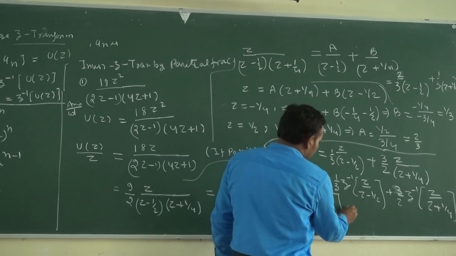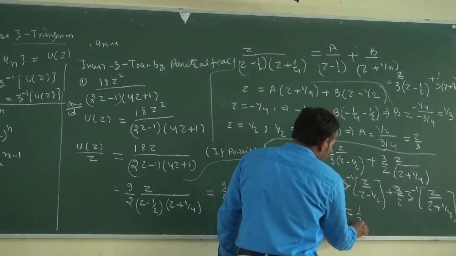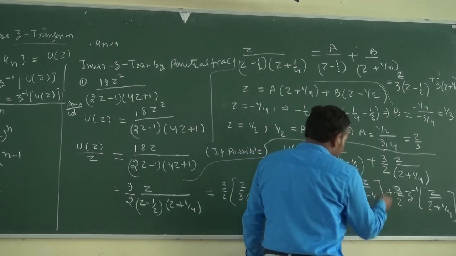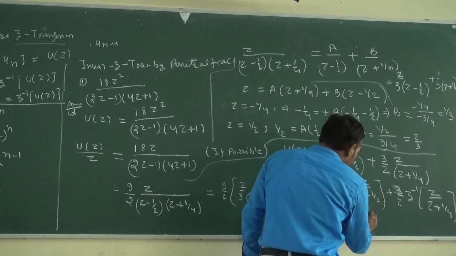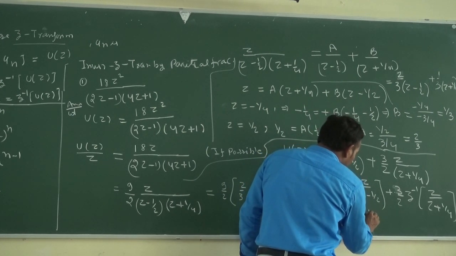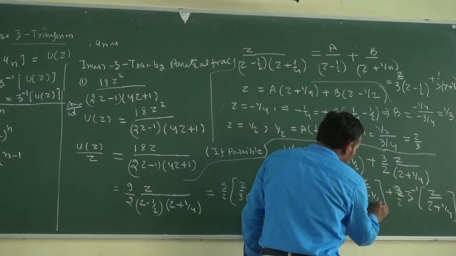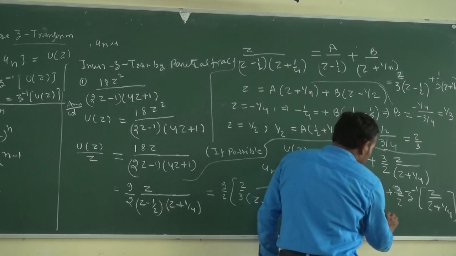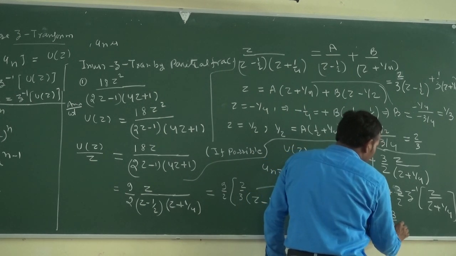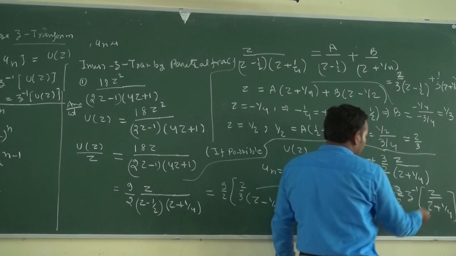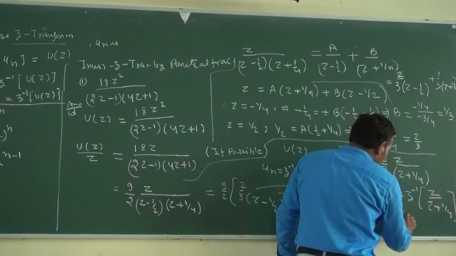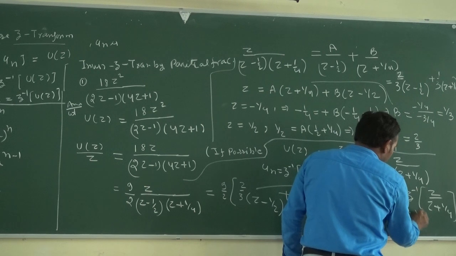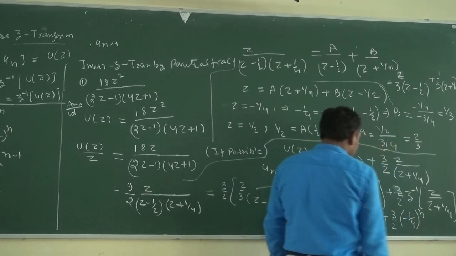So here we can write 1/3 and the value of this one is (1/2)^n, plus 3/2, and the value of the inverse z transform of this is (-1/4)^n.